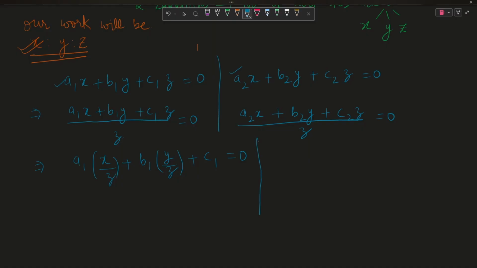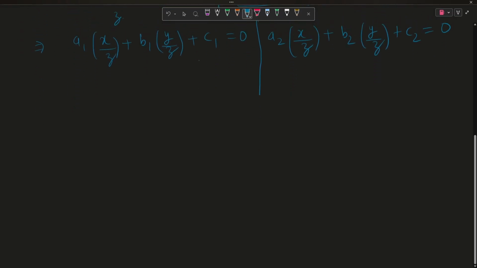Similarly, for the second equation, A2 x upon z plus B2 y upon z plus C2 is equal to 0. Now, what is the use of dividing?